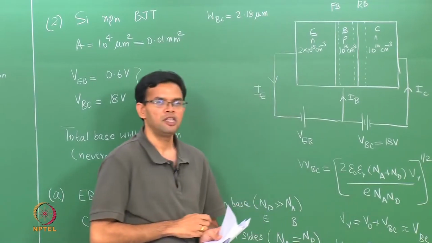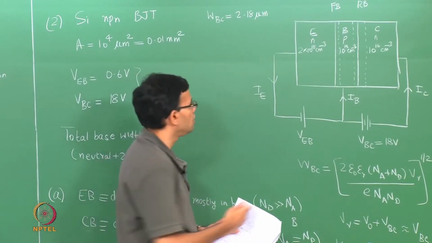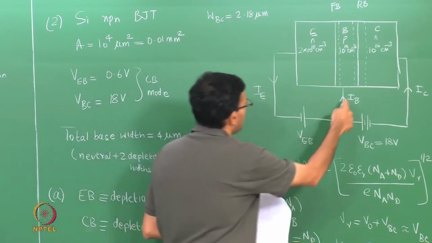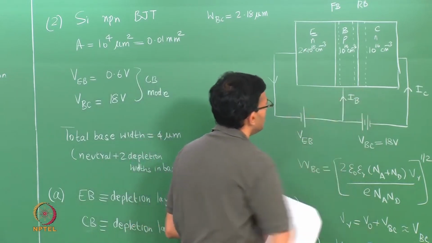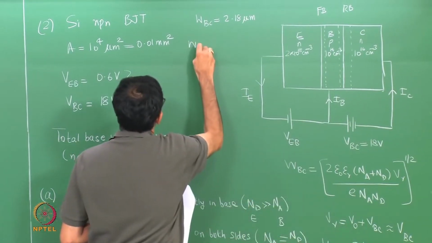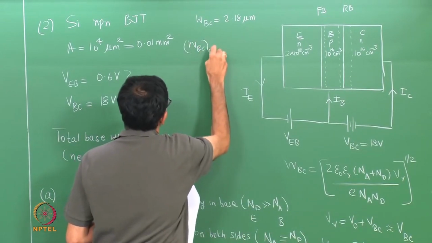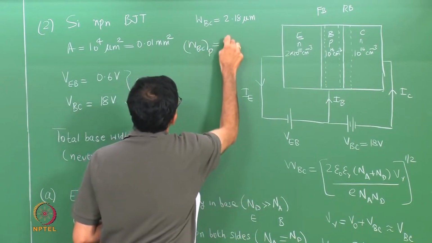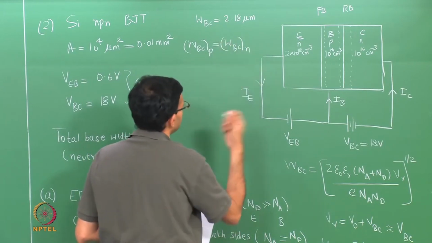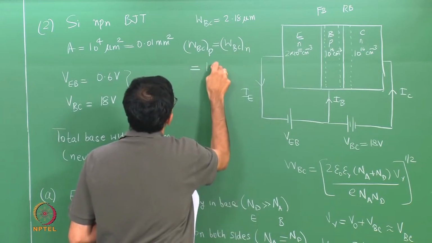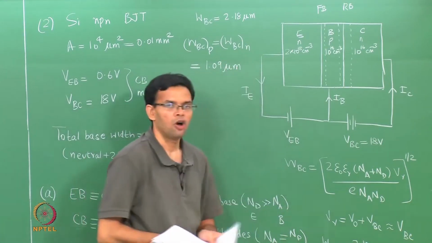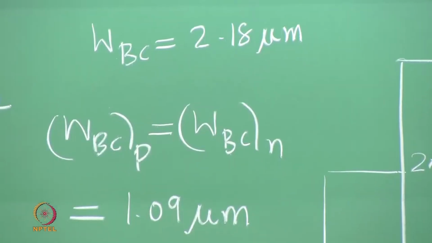WBC is the total width of the depletion region between the base and the collector, and this is equally shared between the base region and the collector region. Therefore, WBC on the P side, which is your base, is equal to WBC on the N side, which is your collector, is equal to half of 2.18, or 1.09 micrometers.